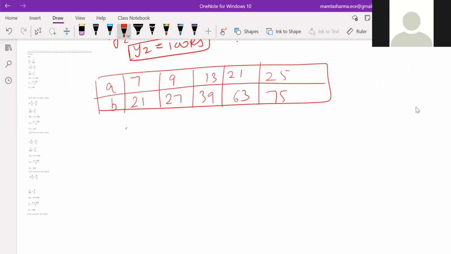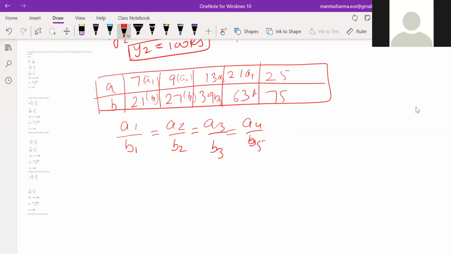In a direct proportion, A1 by B1 should be equal to A2 by B2, equal to A3 by B3, equal to A4 by B4. Let's say this is A1, this is B1, this is A2, this is B2, this is A3, this is B3, this is A4, this is B4, this is A5, B5.